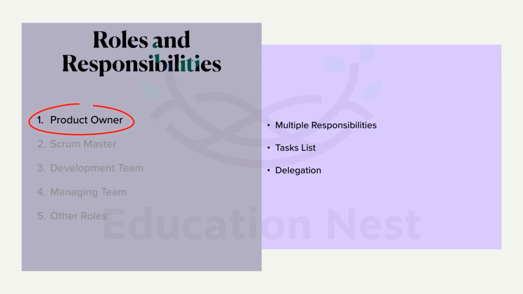The product owner. Product ownership is actually a multifaceted job. Firstly, the product owner should be aware of the technology, because everyone in the development team is going to look up to this product owner if they have some issue. He's like the big boss, or not actually the boss.